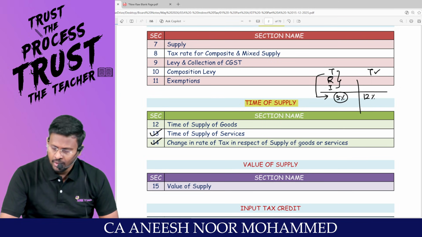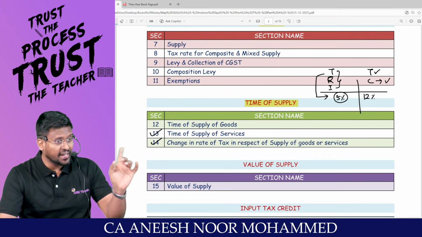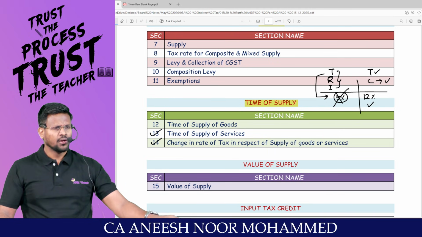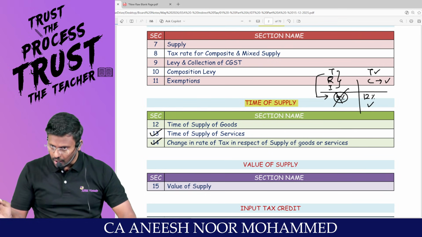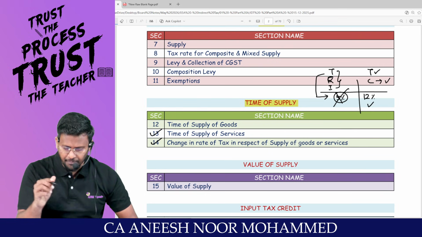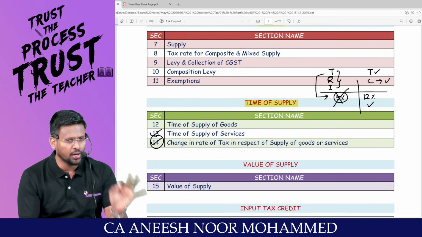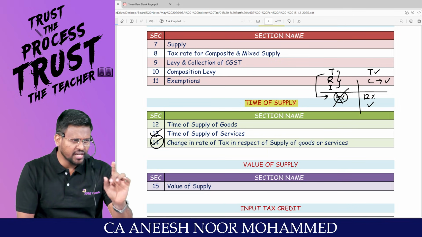The possibility is there. Sir, on the date of payment of consideration, the rate has become 12%. At that time, whether GST is liable to be paid at 5% or at 12% is answered by section 14. Section 14 is saying that for a product, that is, either goods or services, there may be a change in rate of tax.